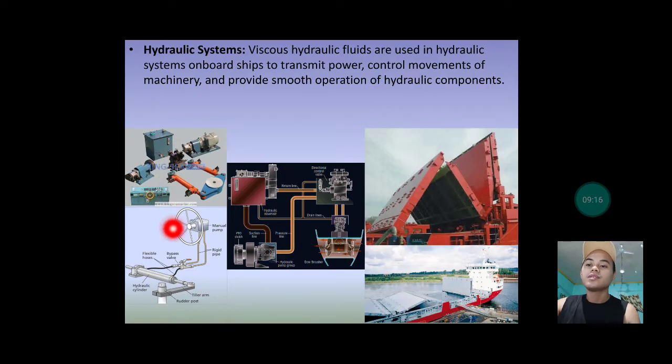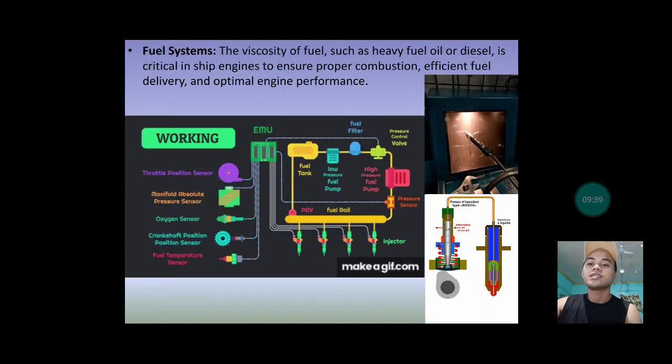We also have this one, a thruster for the ship using hydraulics. We also have hatch covers that will be opened or activated using hydraulic pressure. So using the proper viscosity for our hydraulic system will provide smooth operation of our hydraulic components.